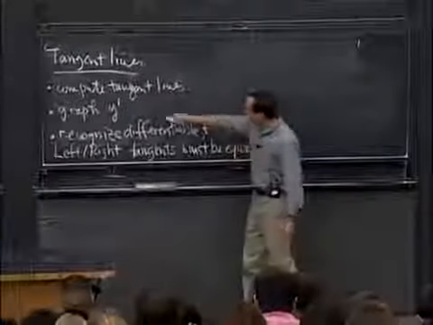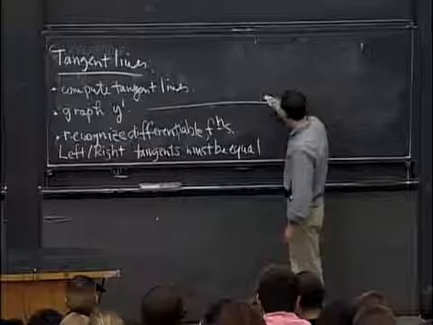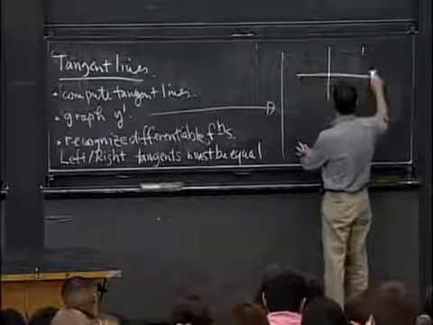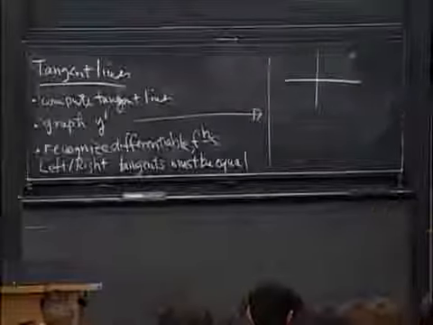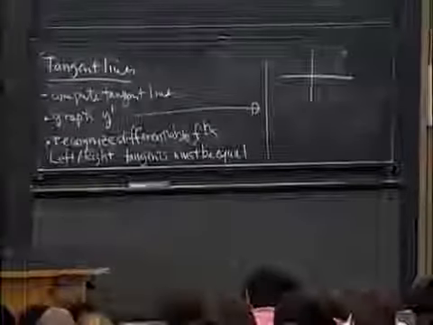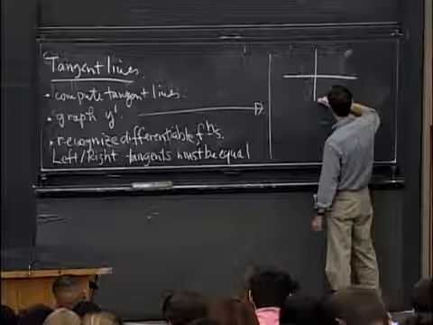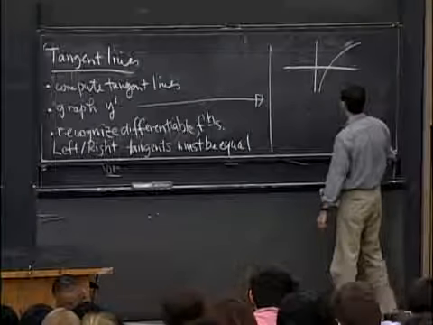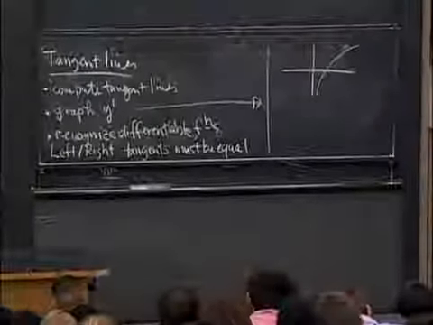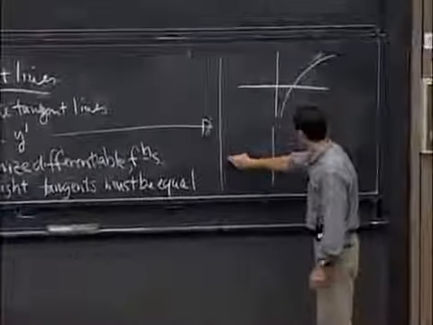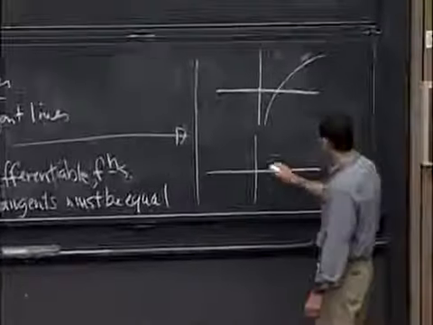Okay? Now, I'm going to do just one example here from this sort of qualitative sketching skill. I'm going to draw a graph of a function like this, and underneath I want to draw the graph of the derivative.